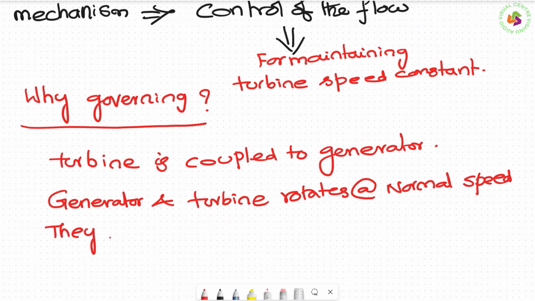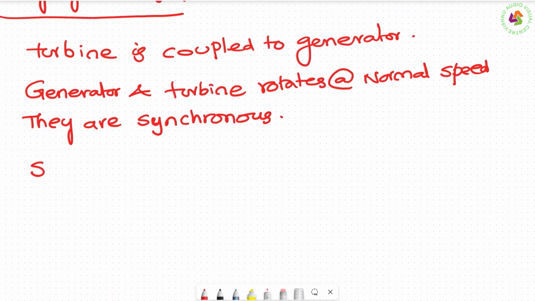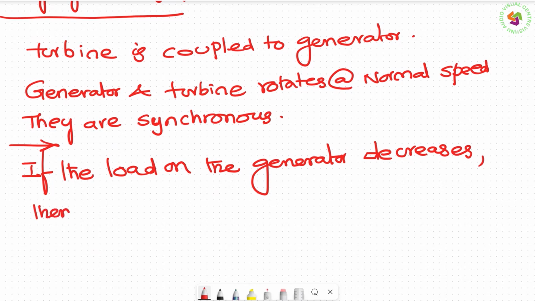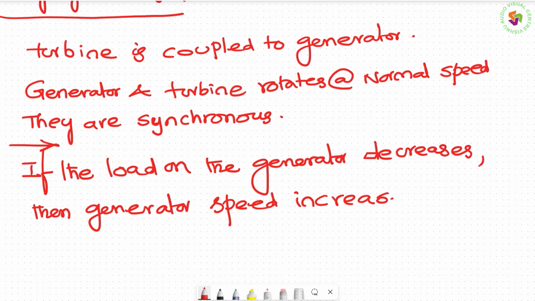They are synchronous. So, if the load on the generator decreases, let us assume, this is a very crucial point, then the generator speed increases beyond normal speed.